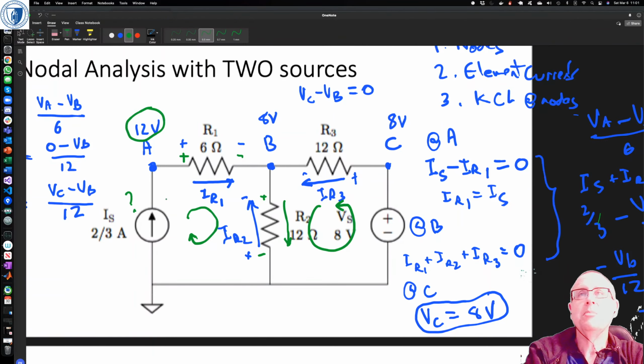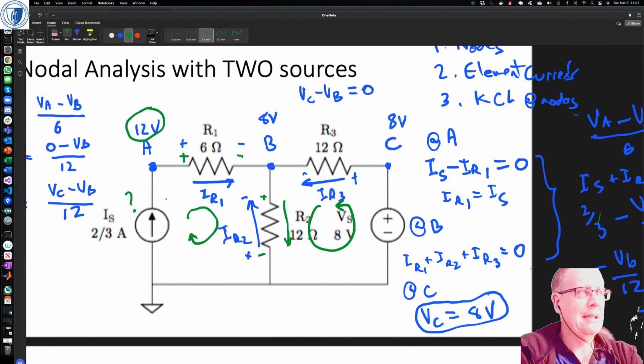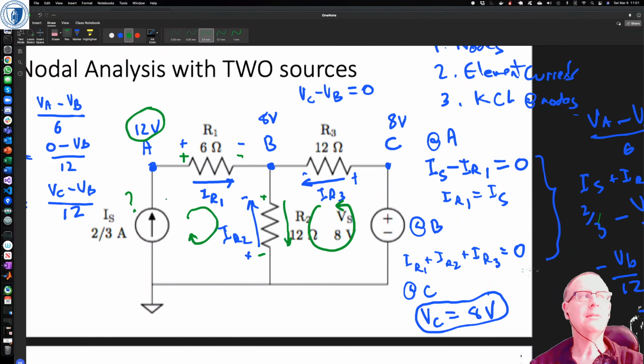We've got 12, which is composed of 4 volts, which is the drop across R1, and then another 8 volt drop across R2. So rising 12 volts over IS, and then dropping 8 and 4. So we still satisfy KVL, but because we're defining now element currents rather than mesh currents, we've got to be very tricky with the polarities.